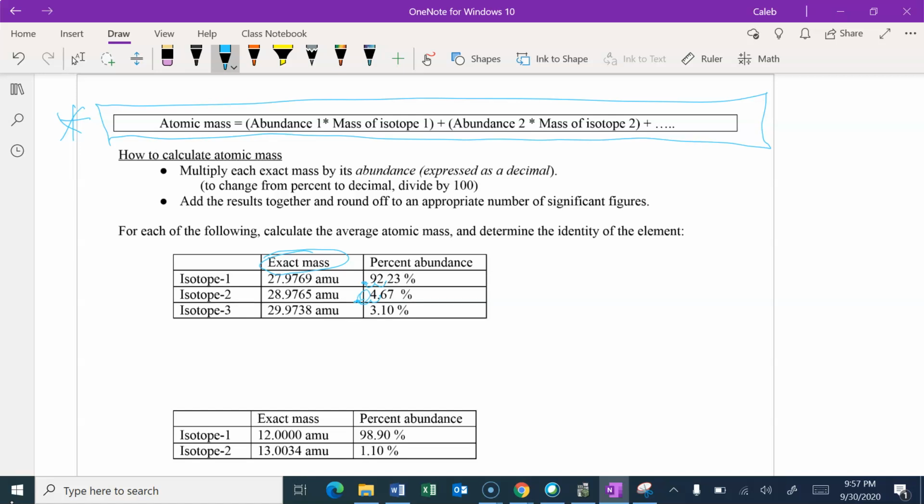In this case, it's 0.0463, 0.0310. And we're going to multiply those numbers by each other.